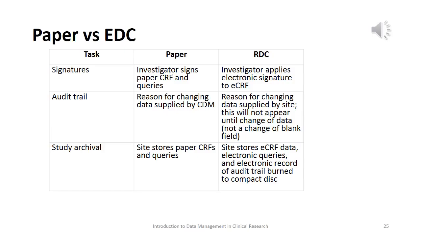And then finally, study archival. For a paper study, the site's going to store all the paper CRFs and all the queries that they get. For an EDC system, the site stores the eCRF data, the electronic queries, and electronic records are going to be burned onto a CD and made available to the site once the trial closes.